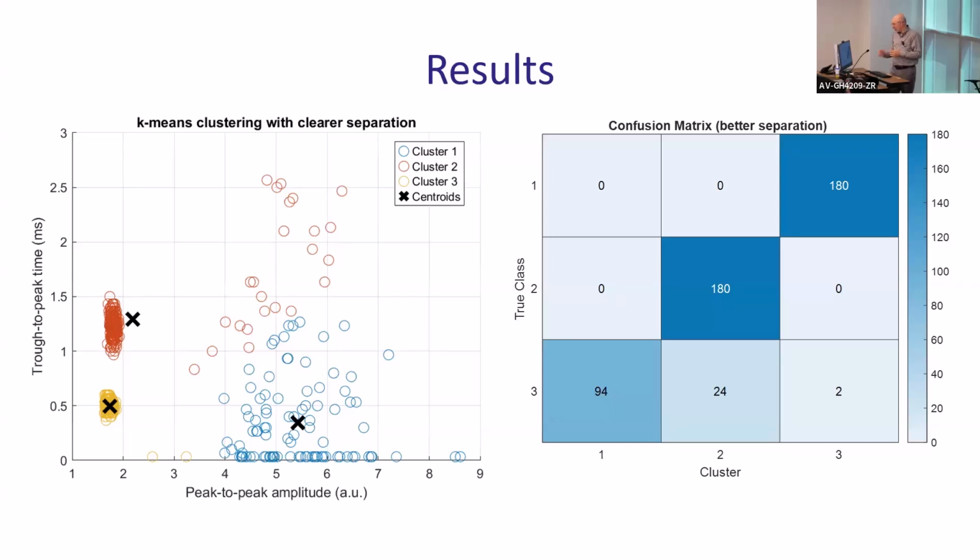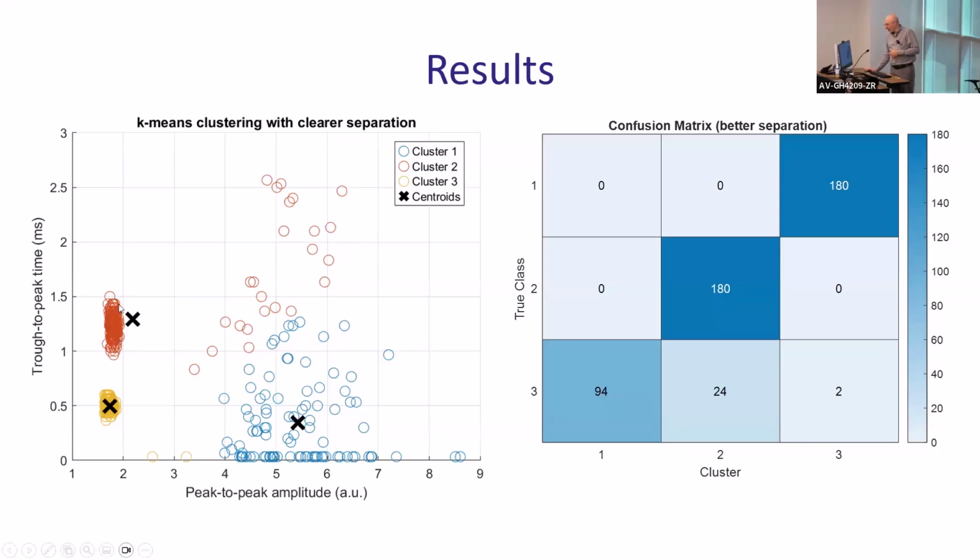For example, two of them have a peak-to-peak amplitude which is very similar, and this means that they are probably the actual spikes, okay? And all of that is probably noise of some kind. But again, K-means is not telling you that. It's your interpretation of what that orange cluster is.